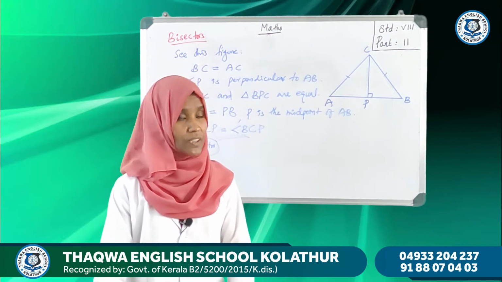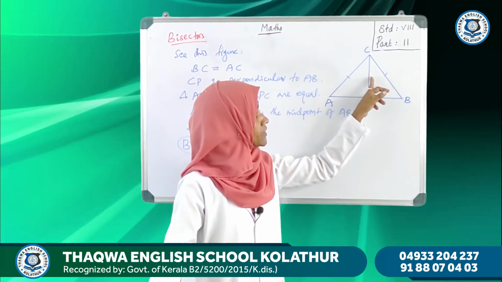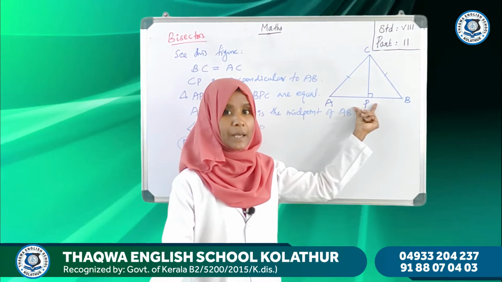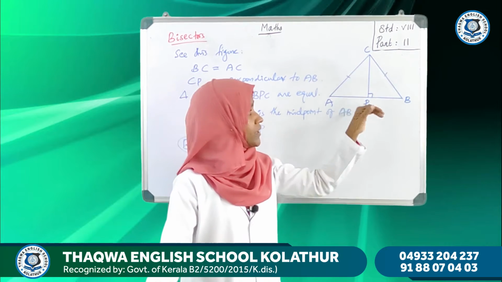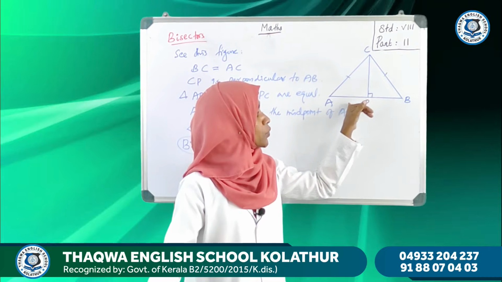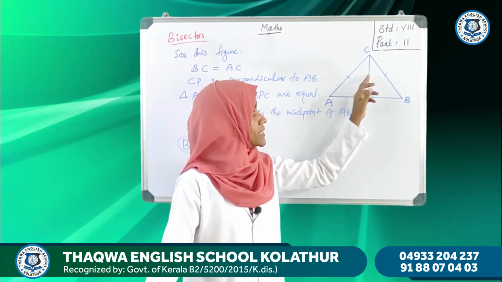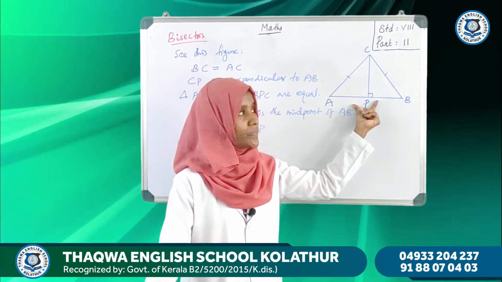Now listen, this figure. Here the line CP is the bisector of the line AB and also the angle C. Next, CP is perpendicular to AB, and also we can say that CP is the perpendicular bisector of AB.